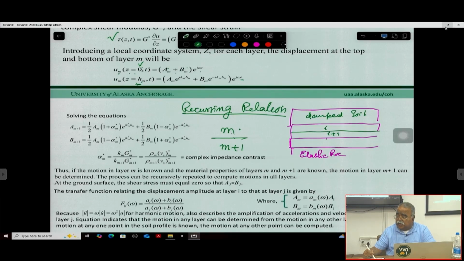That is exactly what they were doing, A M and B M. Although A M is equal to B M, that you can always write down at the surface, right, at surface.